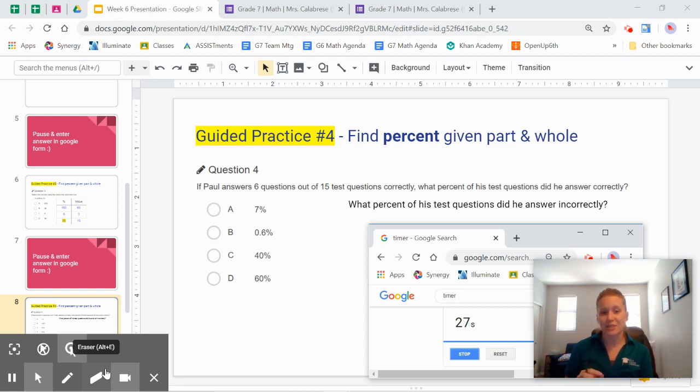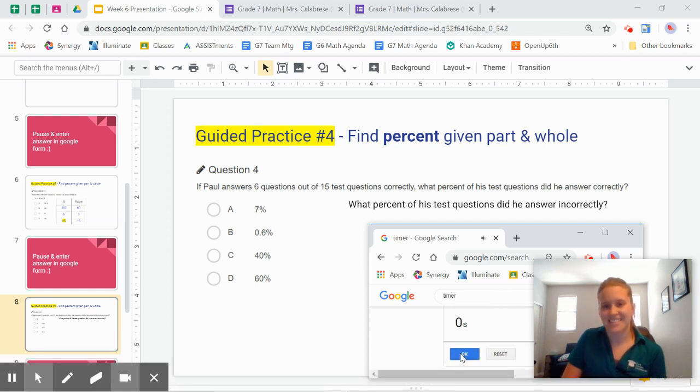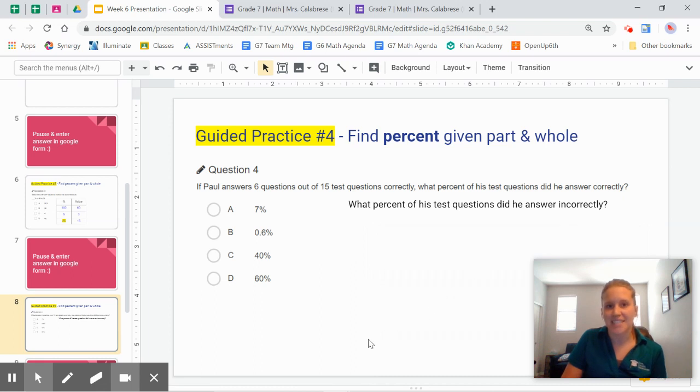So I might start in my ratio table with the whole and 100%. Check that your answer makes sense. All right, if you didn't get to both parts, that's okay. We will finish this up together.